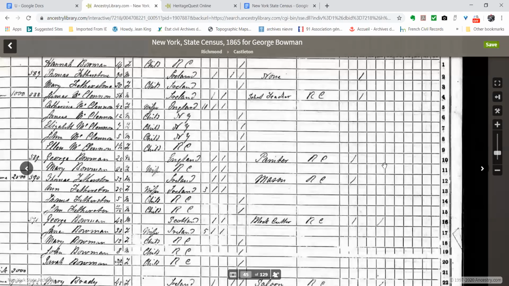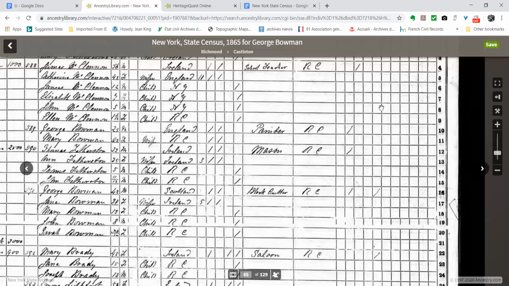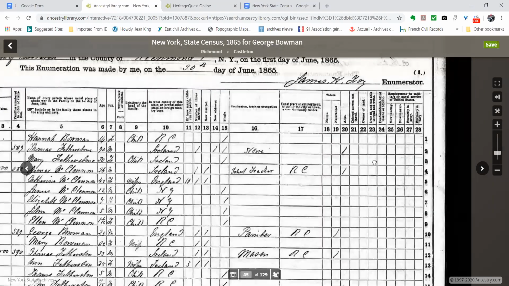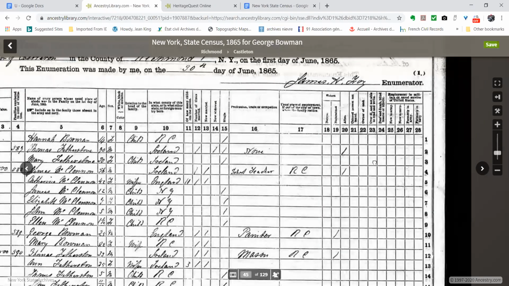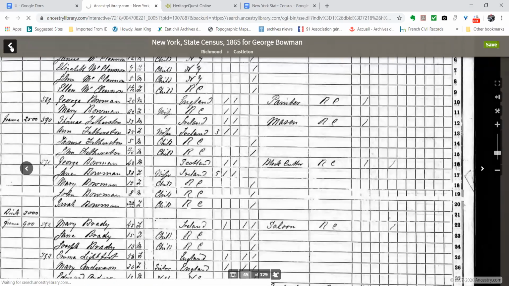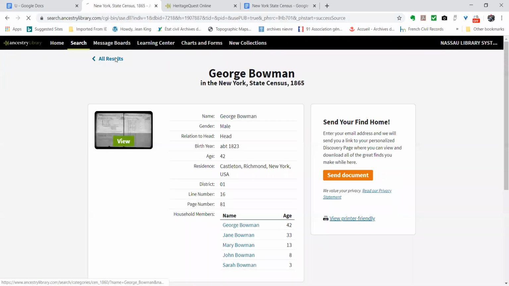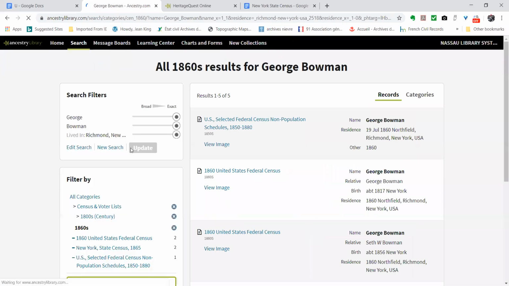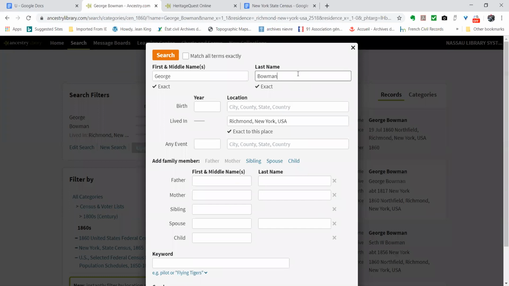And it's saying that he's a naturalized citizen, which was true. And I cannot even read what this other one says. Oh, owner of the land, sorry. And that he owned his property. And then we have to switch over to the other relatives.